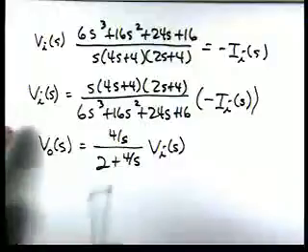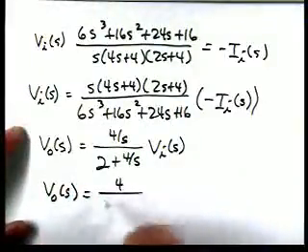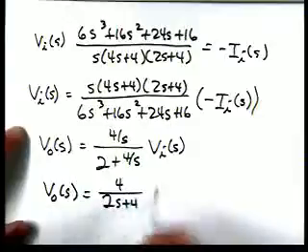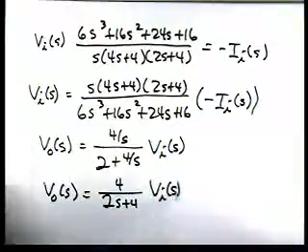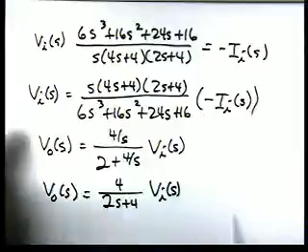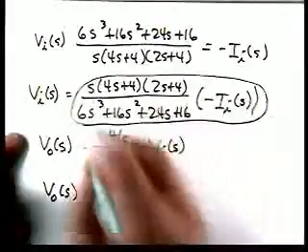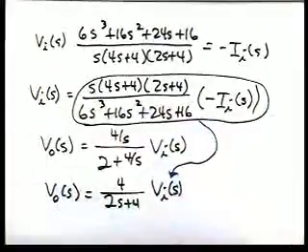So then V0 is 4 over 2S plus 4 times VI. Now we can substitute this expression in for VI here.